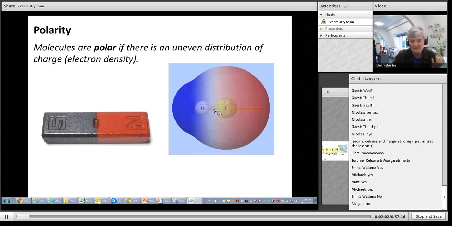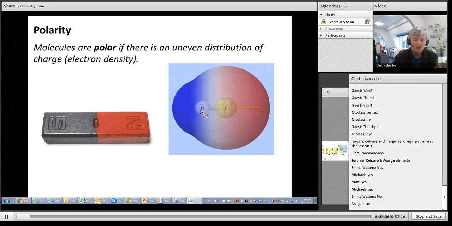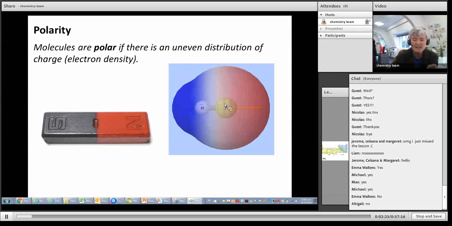If you've got the same atom bonding to each other, like oxygen with oxygen, you've got no bond dipole because those electrons are equally shared and the bond is non-polar. But if you have something like hydrogen and fluorine, they have different electronegativities, so they share unequally.